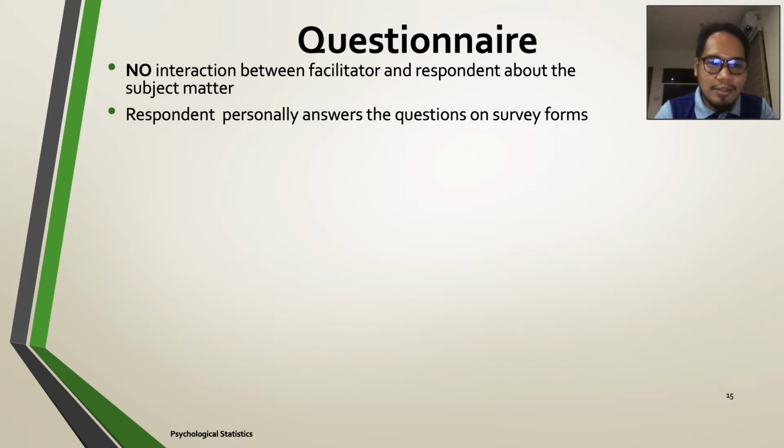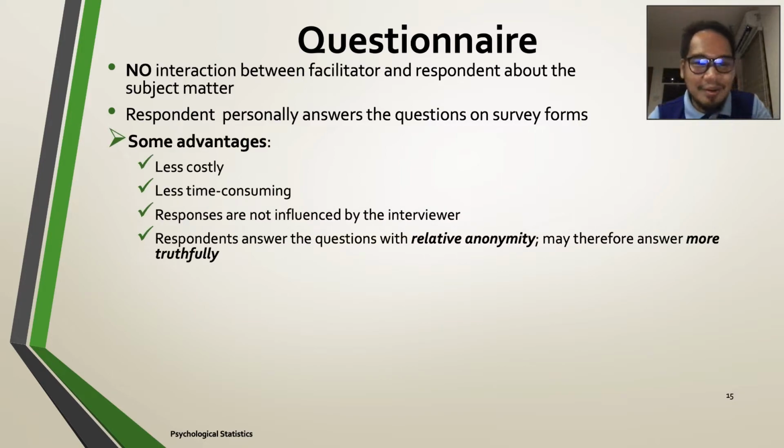Respondents personally answer the questions on survey forms, or do they? Advantages: it's less costly, less time consuming, more efficient. Less costly because you just print it out. You don't need to set schedules. You just print it out and give it to them. Let them answer it.